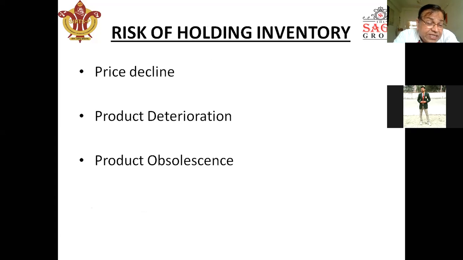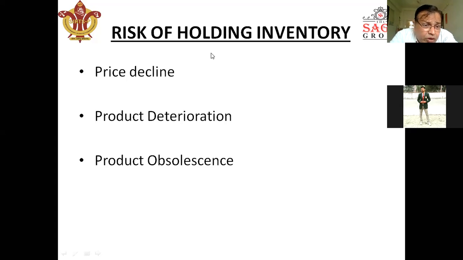Price decline: if you keep this material in your pharmacy and the price declines. That does not happen suddenly in pharmaceutical marketing, but in grain and vegetable markets it commonly happens. For example, onion prices suddenly increase or decrease, and lots of capital is invested by keeping the material in stock.